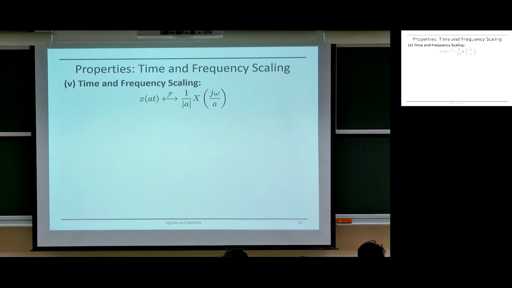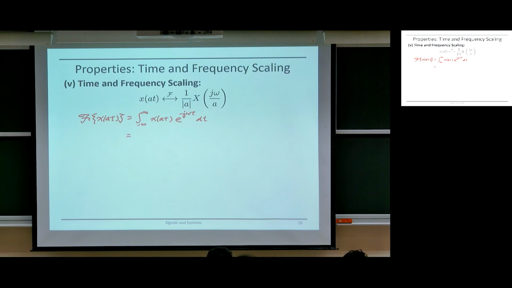You can show this by directly performing the Fourier transform on x of at. By the Fourier transform formula, this gives you the integral of x of at times e to the minus j omega t dt.